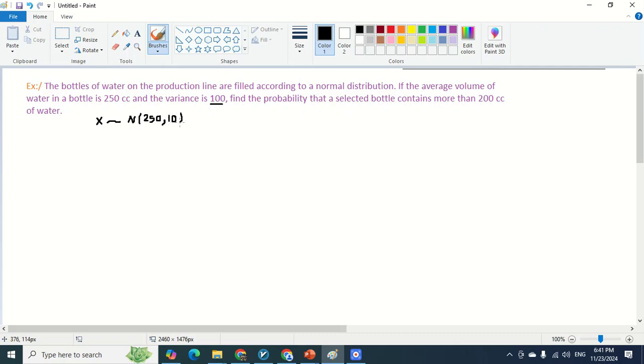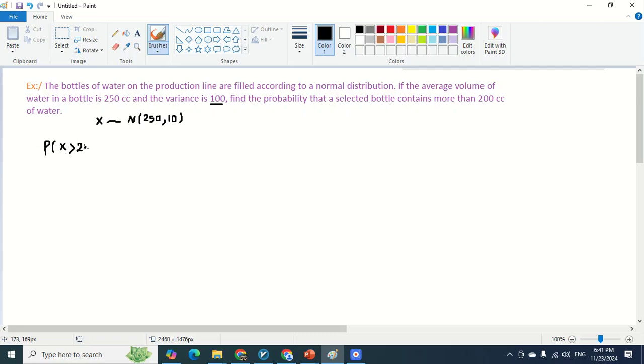So this is the character of x, and in the question they ask you to evaluate the probability that the capacity of one bottle of water x is more than 200 cc, so x should be more than 200 cc.